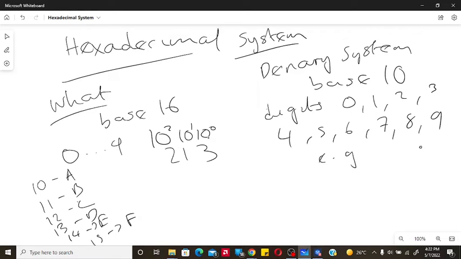If you say what is 10 power 0, if you know your exponents, this is just a 1. 10 to power 1 is simply a 10, and 10 to power 2 is 100. So you're just increasing the number of zeros. Then you can multiply this 1 times the 3 and you get a 3. 1 times the 10 and you get a 10. 100 times the 2 and you get 200.